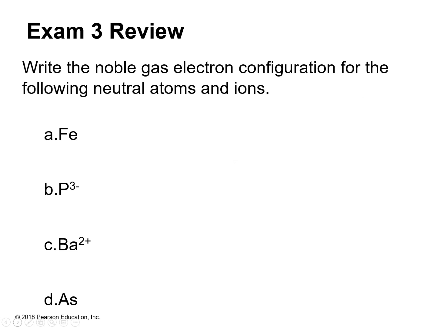So this is reviewing noble gas electron configurations for neutral atoms and ions. So I'll give you 5 minutes for this one, and then I'll move on to the next slide where I've got a periodic table and I'll write them all out. So I'll give you 5 minutes and then I'll check back in.